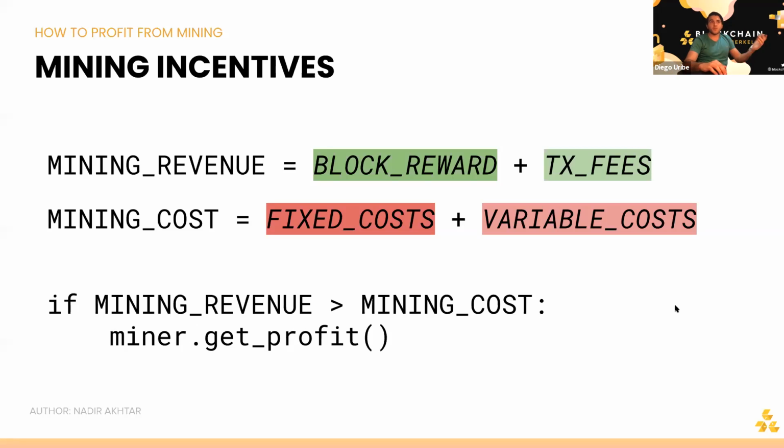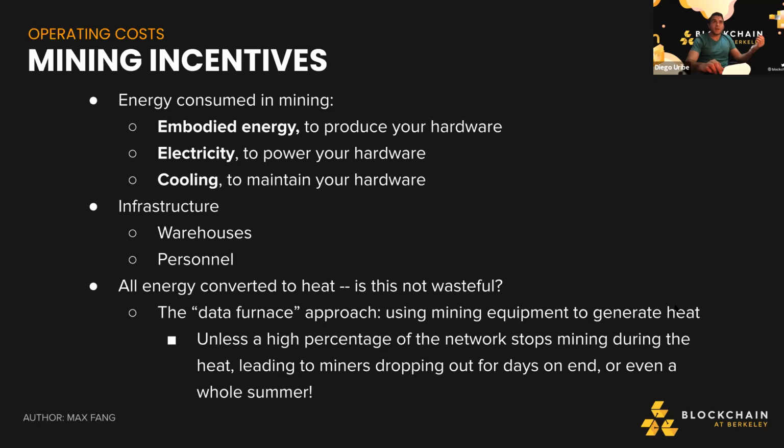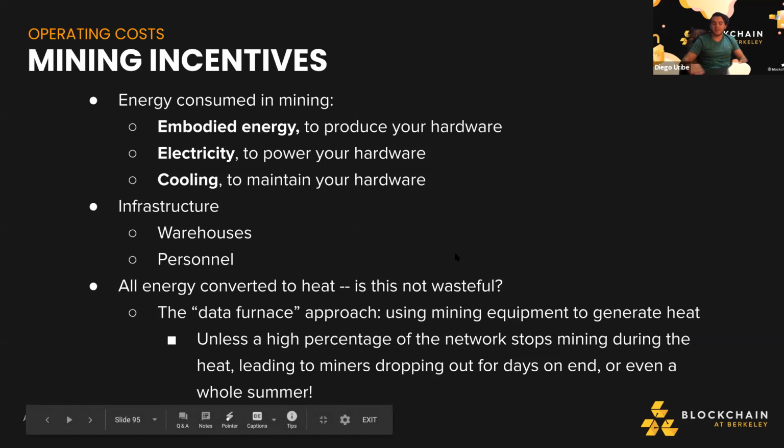This is the other source of cost for miners. Variable costs are things like energy, so the amount of electricity you need to pay to have your hardware running, and cooling. We're going to see some pictures of ASIC farms so that you can see the amount of cooling you need in order to reduce the heat or the temperature of your hardware. And infrastructure, right?